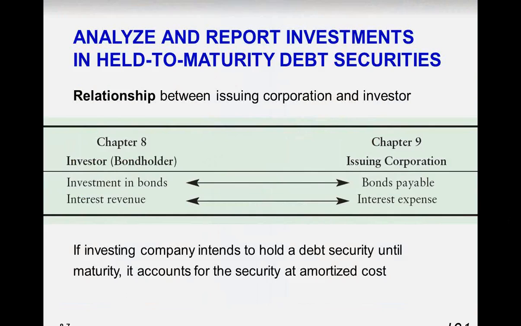So again, if I'm the investor, then I have an asset, an investment in the bonds, and the corporation I'm buying that bond from would then have a bond payable, which behaves like a long-term note payable, except we have to amortize what's called the premium or discount as we go forward.